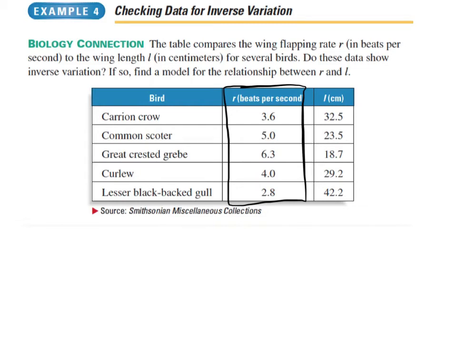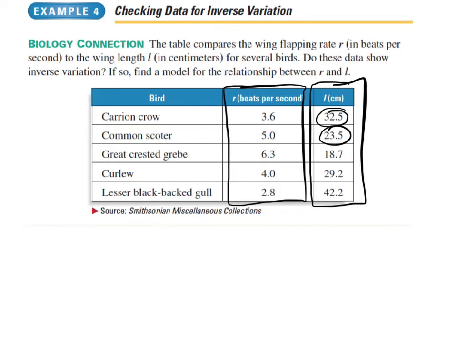Whereas your inputs are all the things that you looked at when you set up the equation. You picked a carrion crow, a common scoter, a grebe, a curlew, and then a black-backed gull. You said, I can tell you their wingspans, and what I want to know is how their wingspan affects their beats.